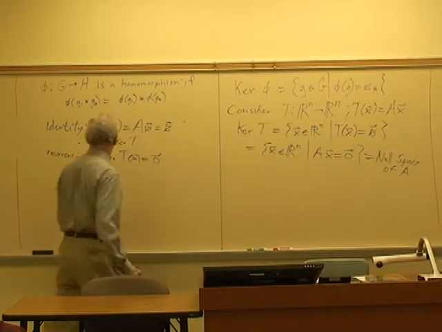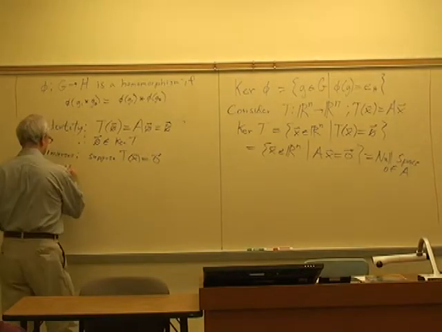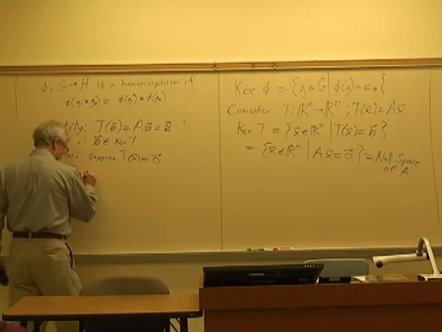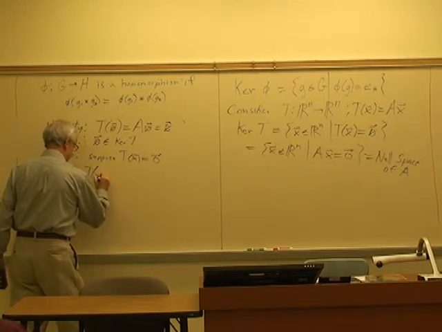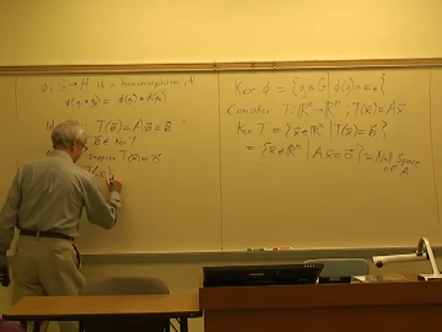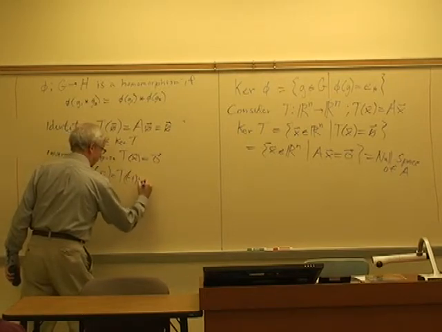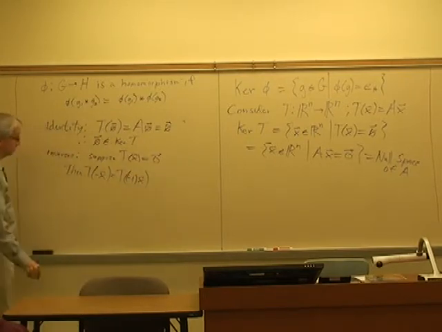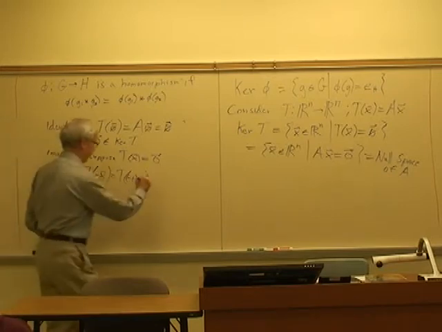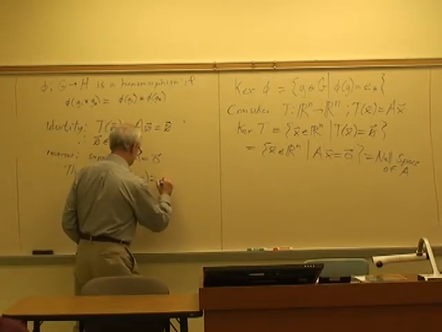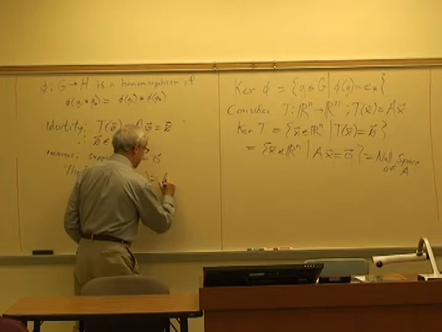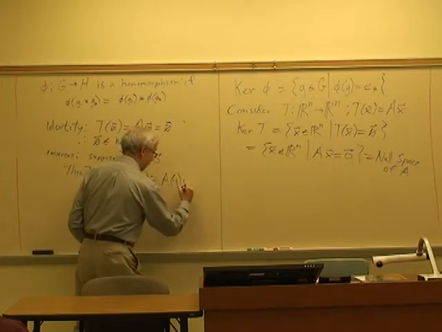Negative x, right? Then T of minus x is the same as T of minus 1 times x, right? But that's the same as A times minus 1 times x.